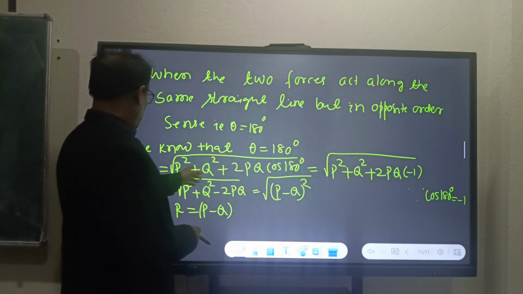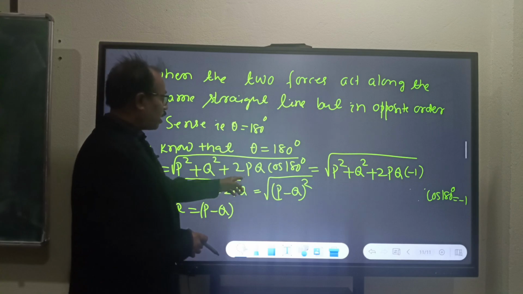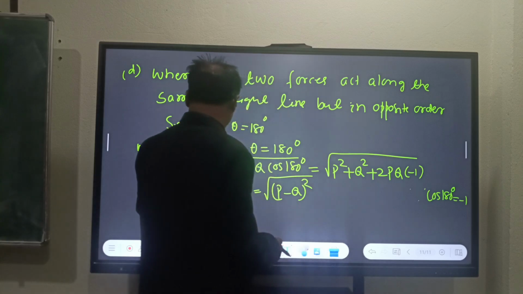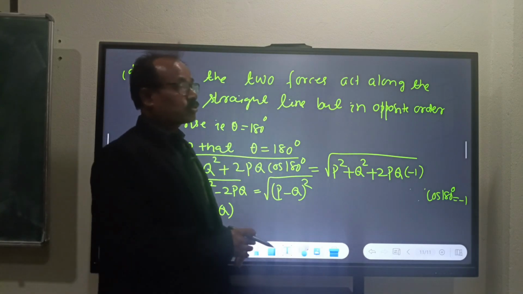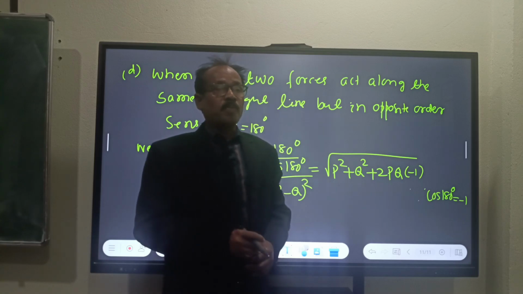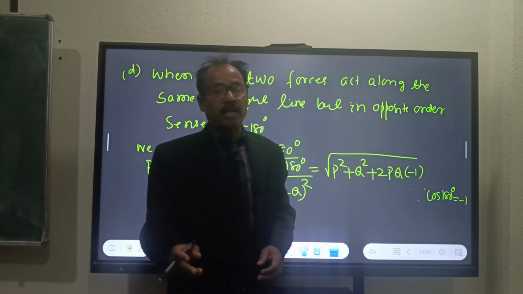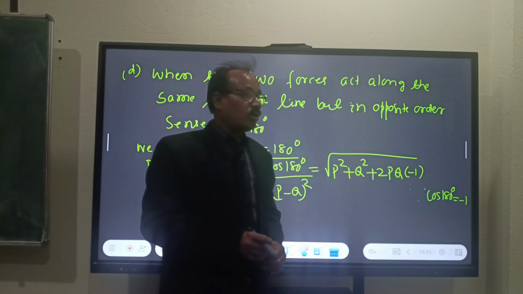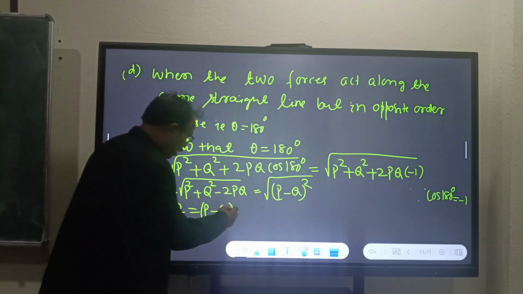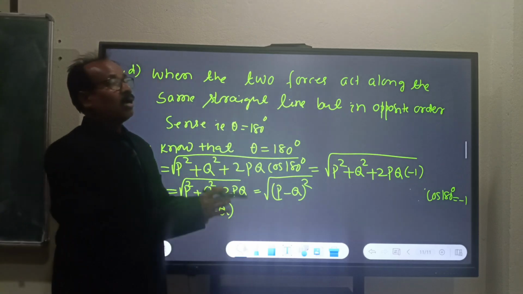Therefore, R is equal to root over P square plus Q square plus 2PQ into minus 1. Therefore, this is equal to P square plus Q square minus 2PQ. It is equal to P minus Q whole square. Then R is equal to root over P minus Q whole square, which is equal to P minus Q.